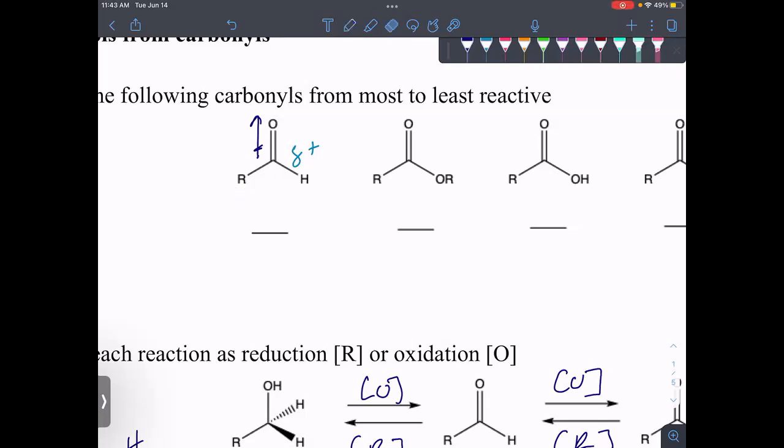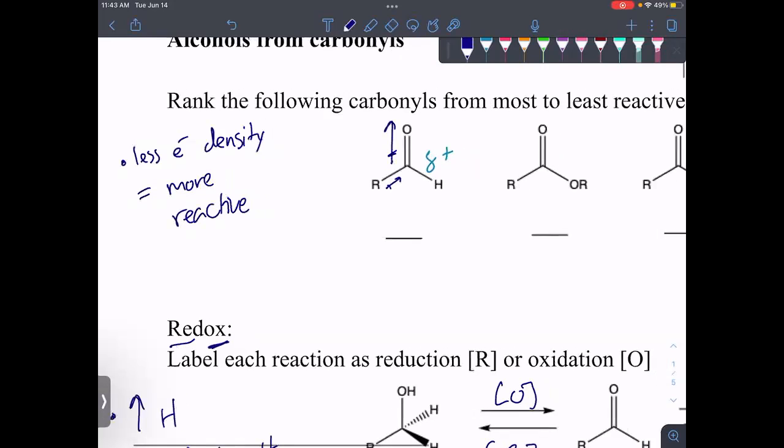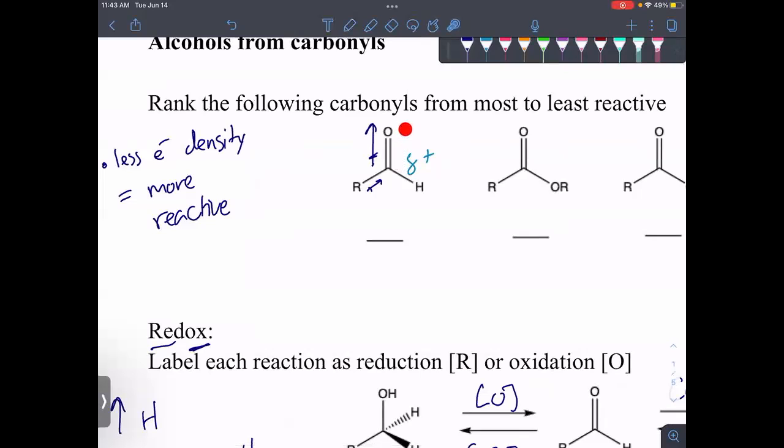So I should make the arrow shorter. The goal is to be the most electron poor. So let me just write that: less electron density is more reactive. So in aldehyde, we're pulling away a lot of electron density and we're contributing only a little bit. So this carbon is pretty delta positive.